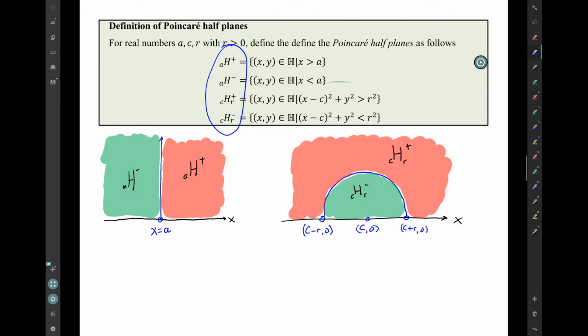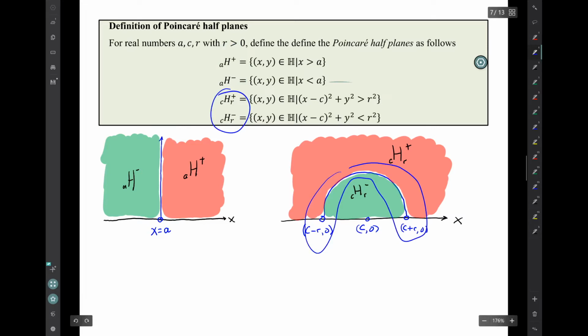The book just uses an h plus and an h minus. I use symbols that indicate which kind of line is associated with these half-planes. These two symbols denote half-planes associated with a type 1 Poincaré line. These two symbols denote half-planes that are associated with a Poincaré type 2 line.